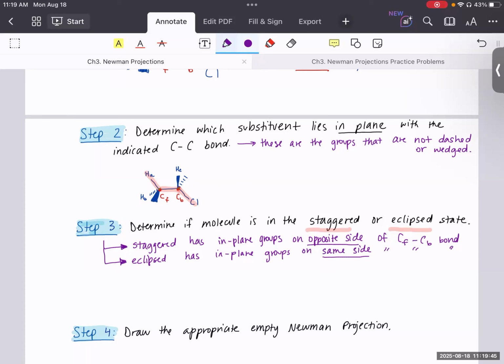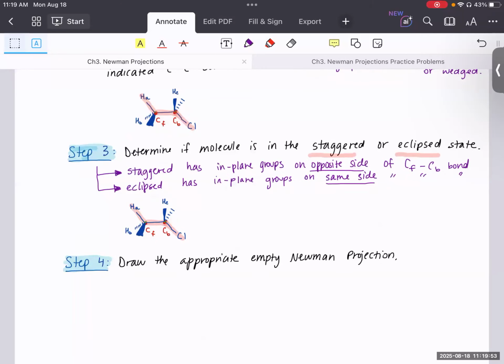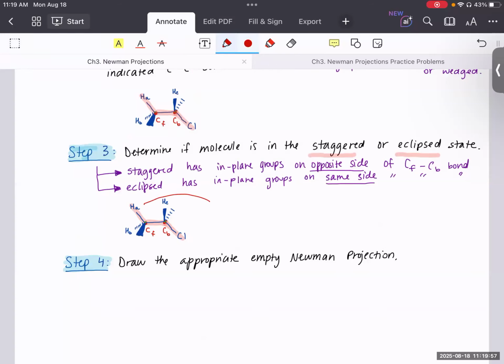And so if we take a look at this molecule that we have up here, we can see that those red lines representing the chlorine and the HA are on opposite sides of that CF-CB bond. And so that means that this will be in the staggered state.